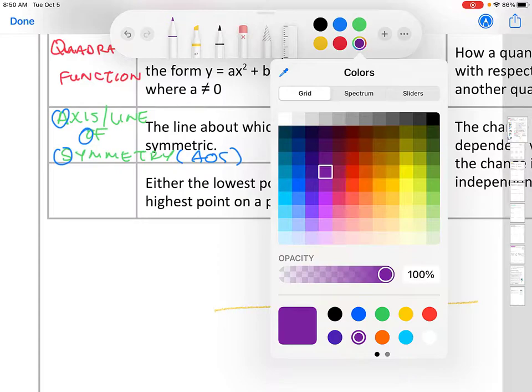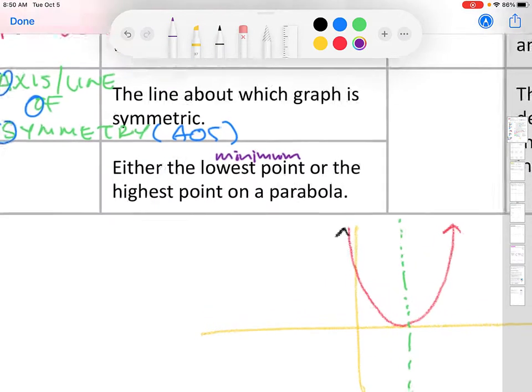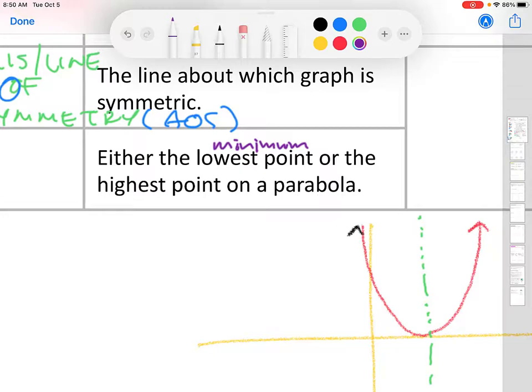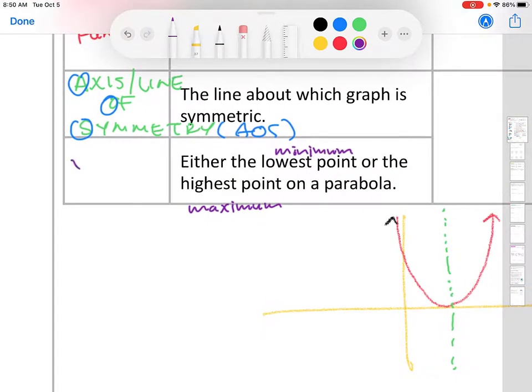Okay, let's go purple here. Either the lowest point, which we call the minimum, or min for short, or the highest point, which is also called the maximum, on a parabola, is called the vertex.